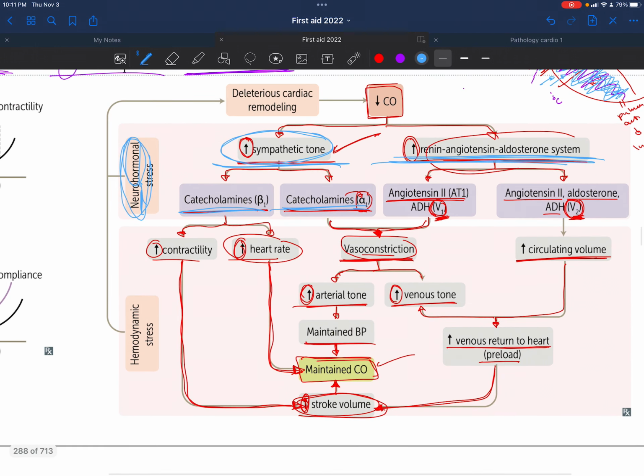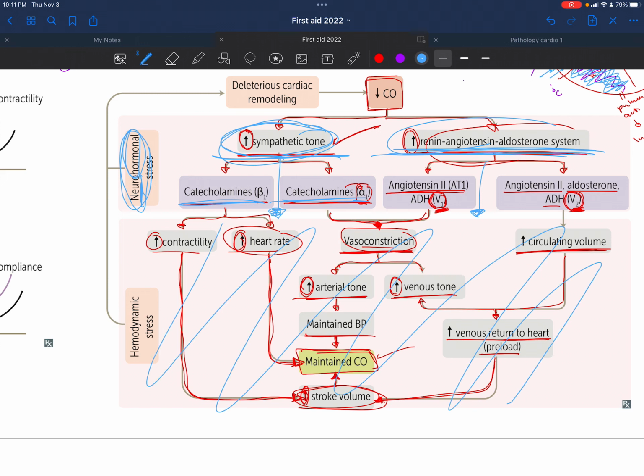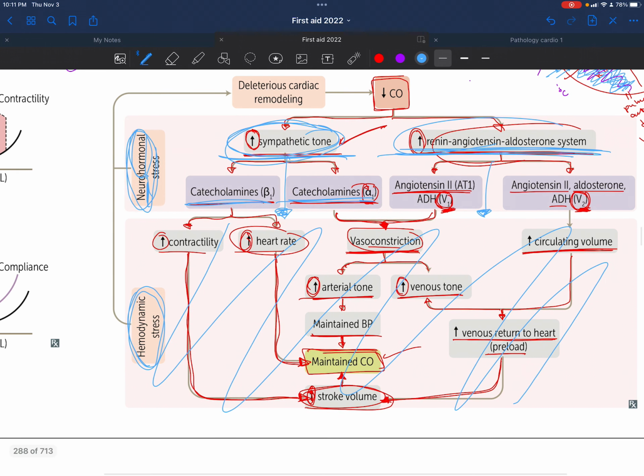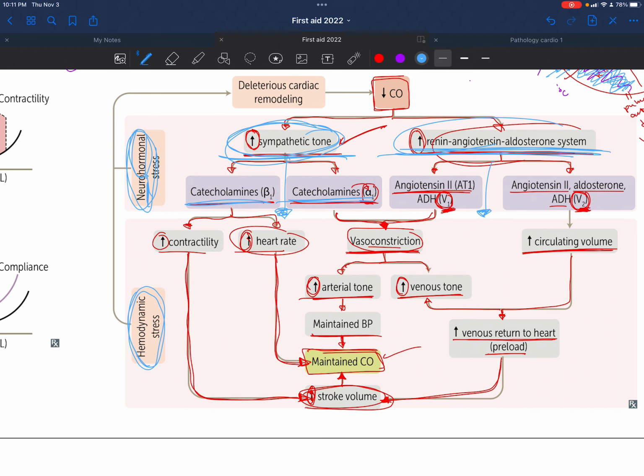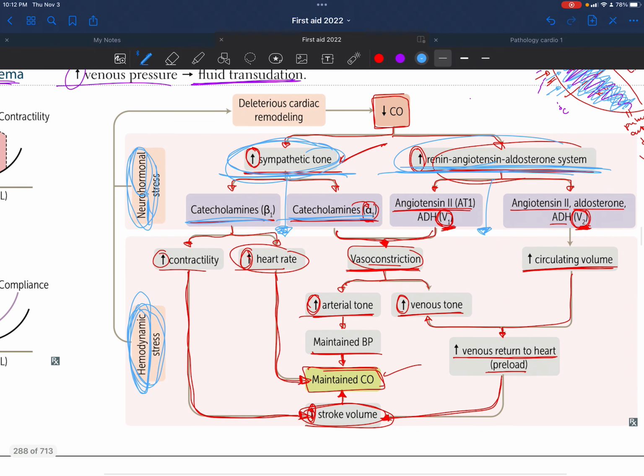Both of these have taken us to the second part of the process, which is called the hemodynamic stress, because this is what is happening with the body, not just on the neural level or the hormonal level. This is what is happening within the vessels and the blood itself. So this is what happens regarding maintaining the cardiac output.